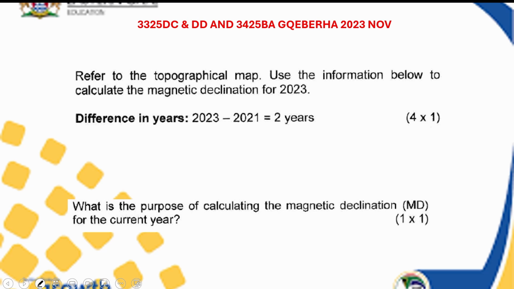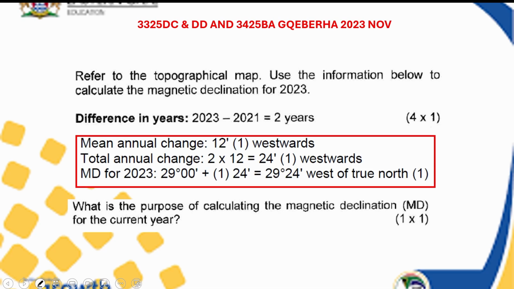There is another example where you were asked in 2023 to calculate the magnetic declination for Gqeberha. It was easy for the learners because they were given 2023 and the information was in 2021, so the difference between those years was only 2 years.